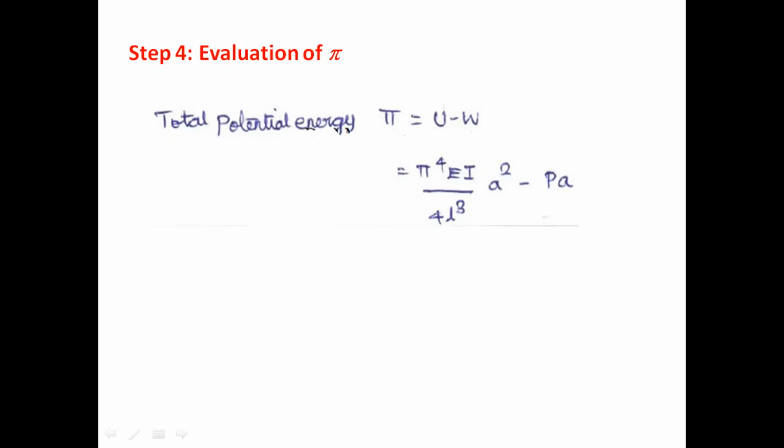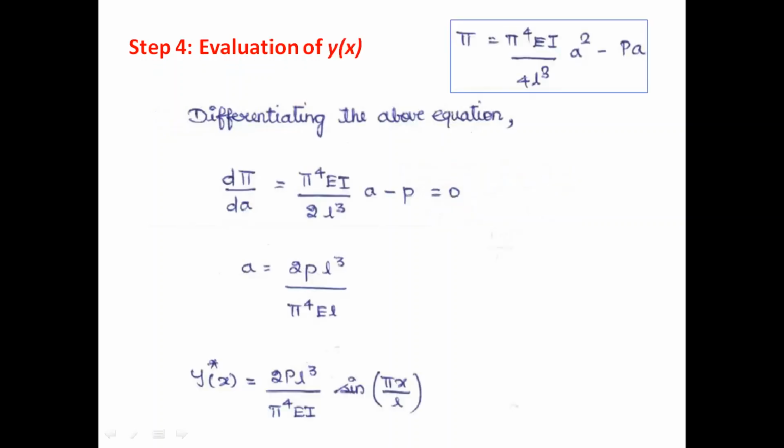So now you know the pi value. We have to differentiate this pi with respect to A and equate it to 0. That condition will give you the minimum potential energy. For equilibrium, the total potential energy should be minimum. So for finding the minimum condition, we differentiate pi with respect to A and equate to 0.